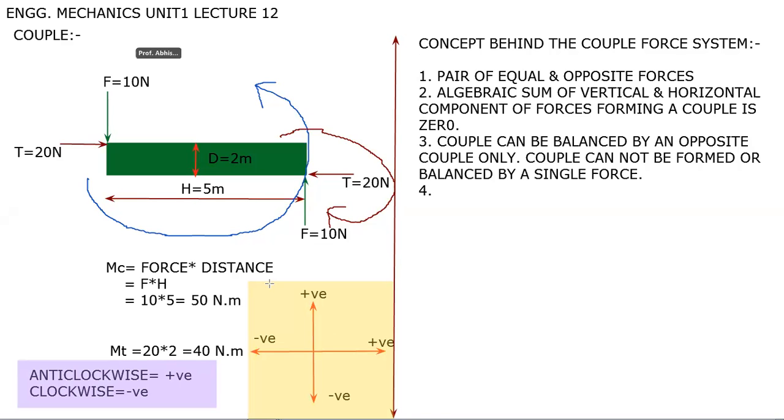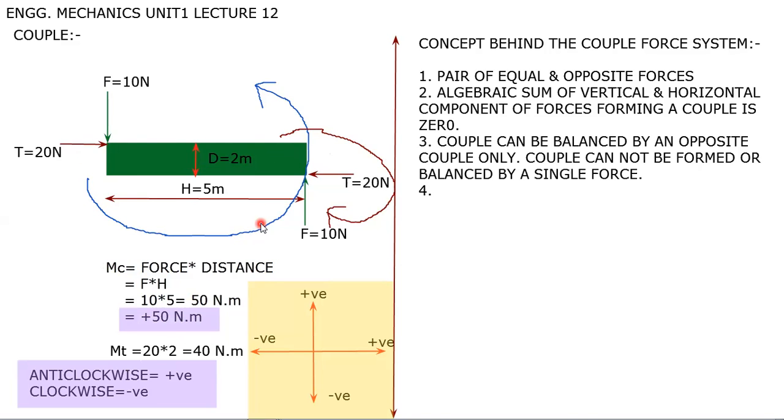So the couple by the 10 Newton force is anti-clockwise and therefore it is positive, positive 50 Newton meter. While the couple by the 20 Newton force, 40 Newton meter, is in clockwise direction.